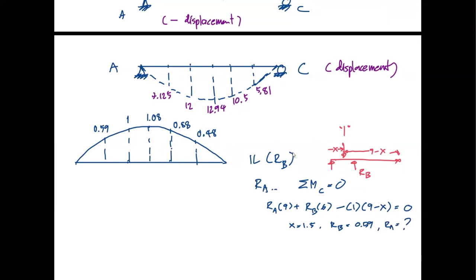And if X is equal to 3, your RB is equal to 1, what's going to be RA? You keep doing that, you will obtain the influence line that looks like this. I've been saying free body diagram too many times, right?